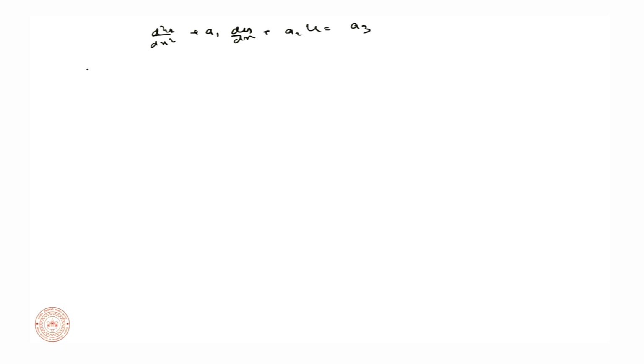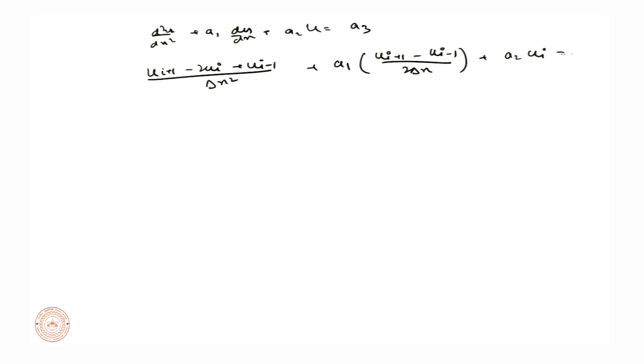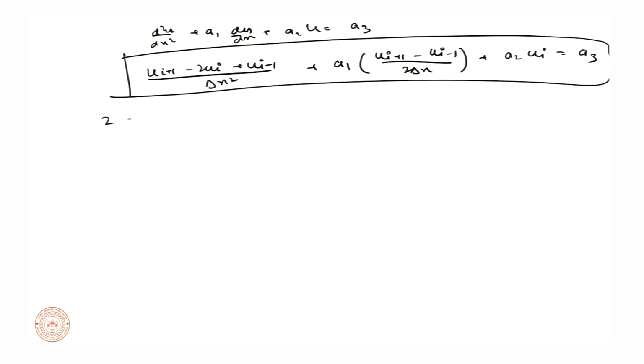Then you can discretize this equation as u of I plus 1 minus 2 u of I plus u of I minus 1 by delta x square, plus a1 times u of I plus 1 minus u of I minus 1 by 2 delta x, plus a2 u of I equals a3. This is our discretized expression. You need two boundary values. So, two boundary values are needed.